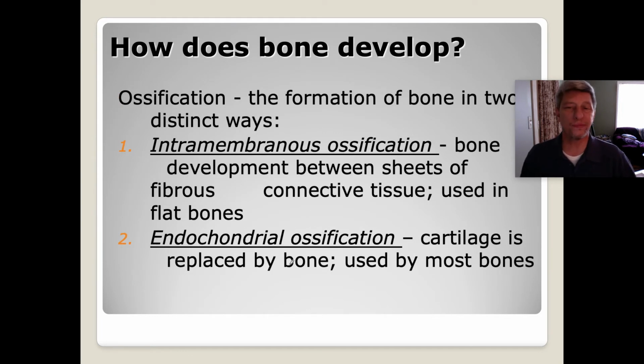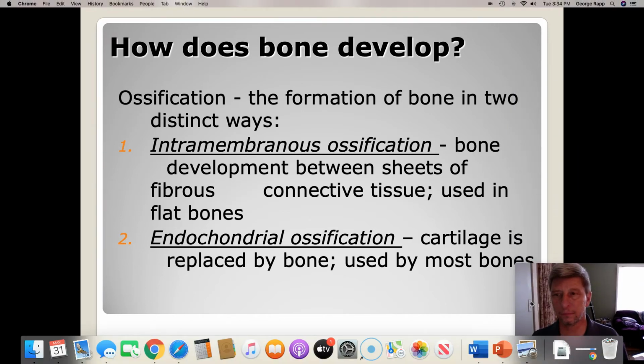Now, how does bone develop? Well, in terms of developing from a fetus into an adult, there are two different ways that bone can form. You have intramembranous ossification, which is the development of bone between sheets of fibrous connective tissue. In other words, you've got bone forming one layer on top of another layer on top of another, and they compress, squeeze together, and eventually ossify or become bone.